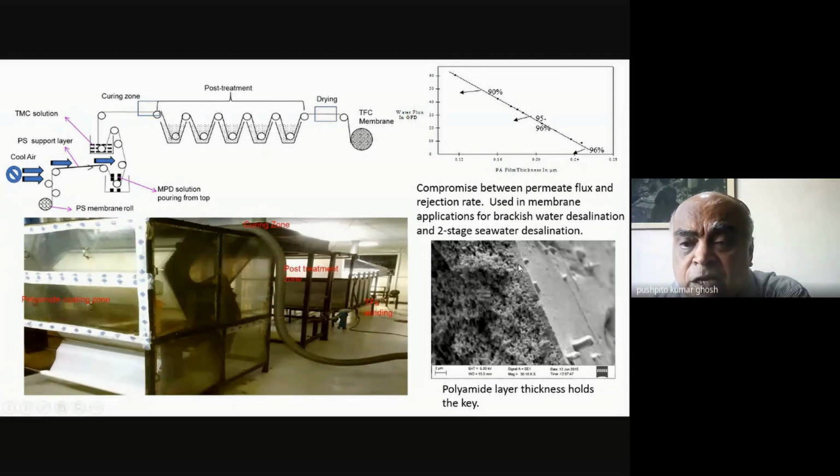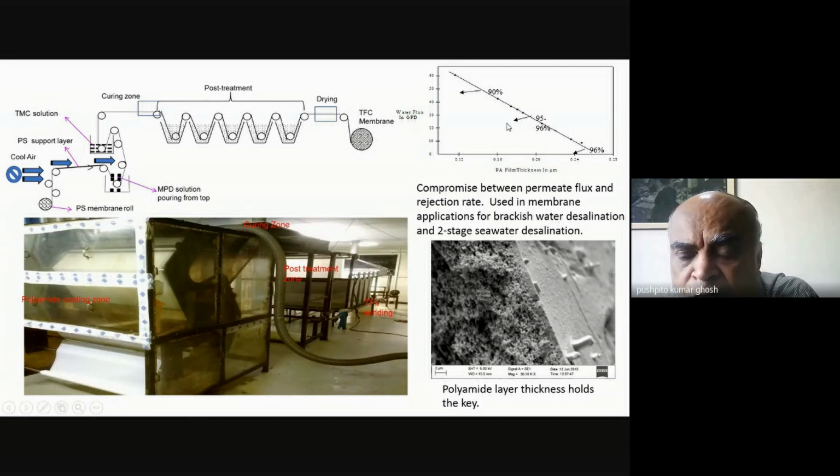Let me just show you, for example, the painstaking effort that was taken to optimize the thickness of this polyamide layer. At that stage, it was being looked at for brackish water desalination with maybe about 5 to 10,000 ppm salinity, maybe 1/3 to 1/5 of seawater salinity, or 1/8 of seawater salinity, something of that sort.